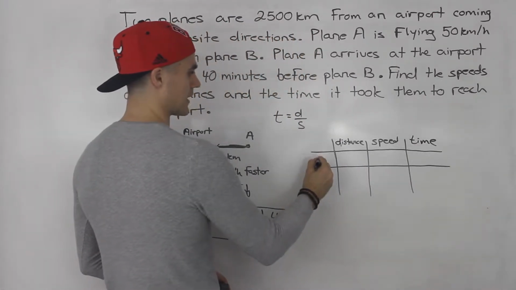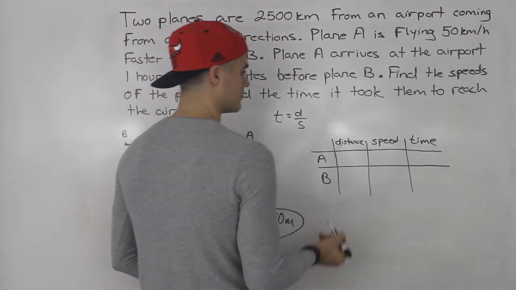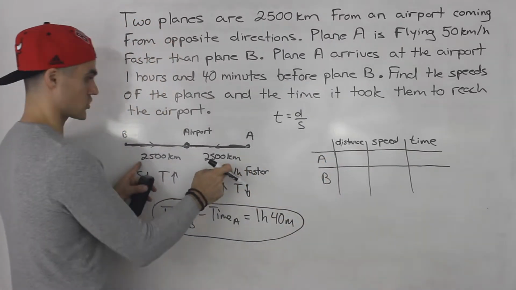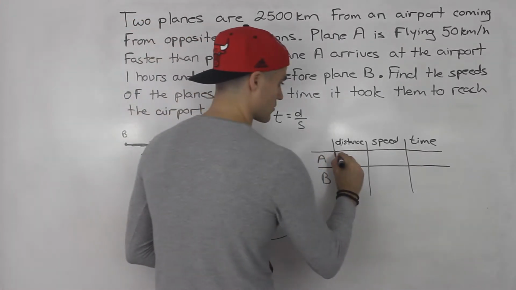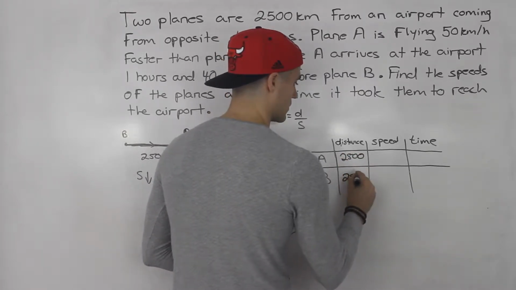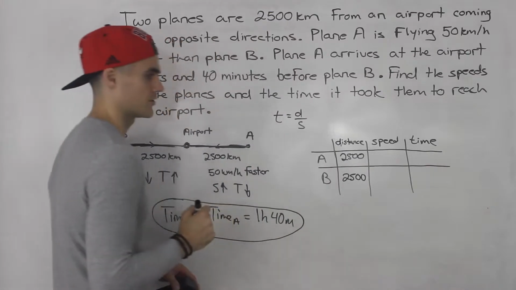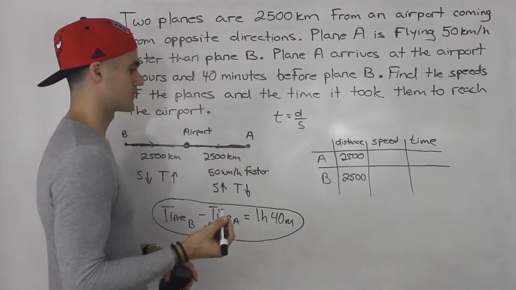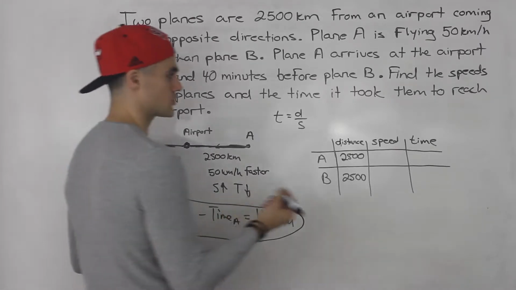So let's say this is plane A and this is plane B. Now what distance do they both have to travel? They both have to travel 2,500 kilometers. So this would be 2,500, and this would be 2,500. What about the speed? Well, the speed we don't know, so let's introduce a variable.